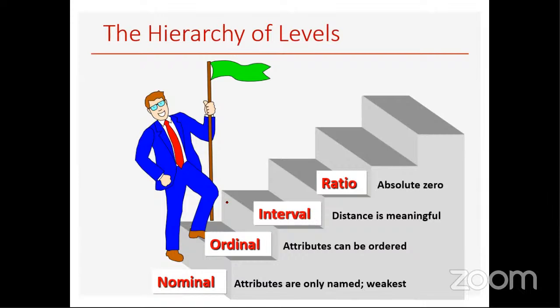Now, most statisticians have categorized this data level into two. We have categorical data, which means our data can take on categories. And we have continuous data for these other two. Now, we look at continuous data as data that has the potential to take on different values.